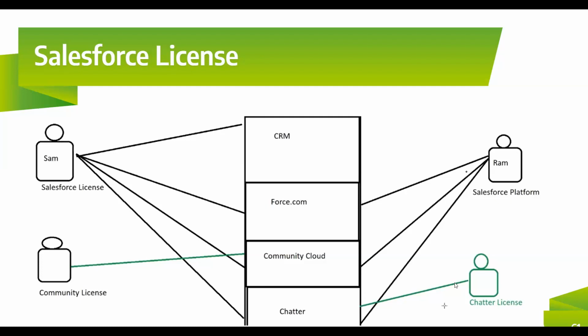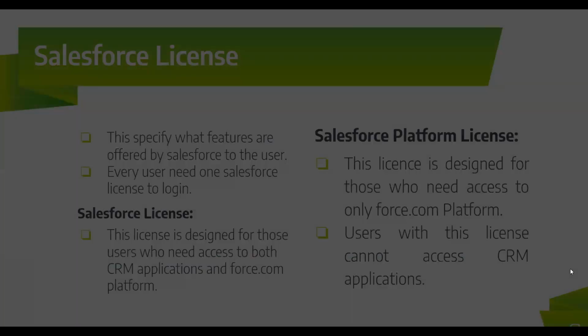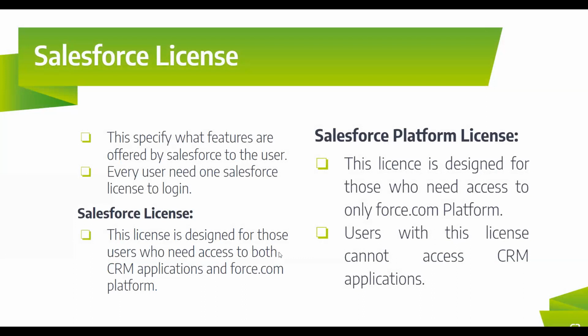But here we have been provided a Salesforce platform license, Force.com license, right? We have 4 to 5 licenses here. When you select the Salesforce license, you have full access to everything by default. Got it? So let's see: the Salesforce license is designed for users who need to access both the CRM application and the Force.com platform.